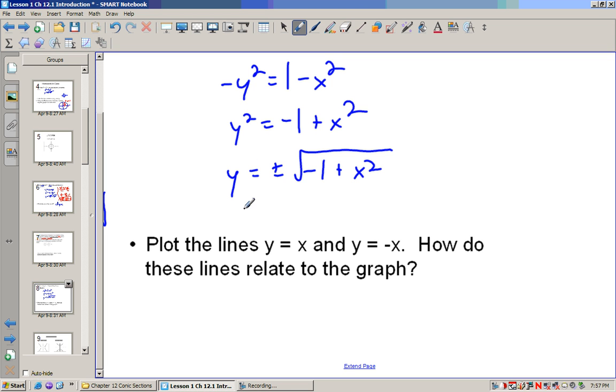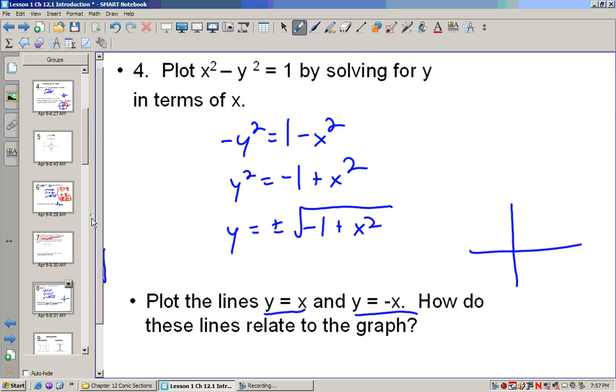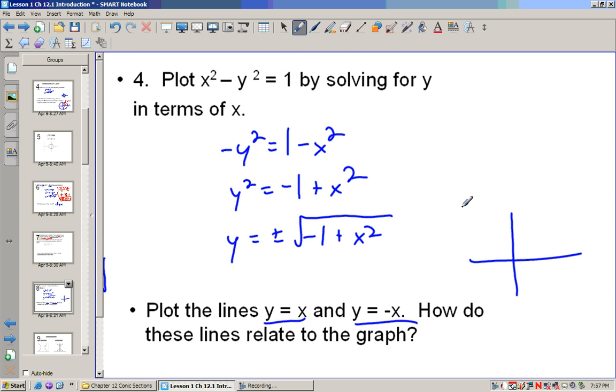Now, if we plot the lines y equals x and y equals negative x, how do those lines relate? If we took a look at this graph, hopefully you've graphed it on your calculator, you'll see that it would look something like this.